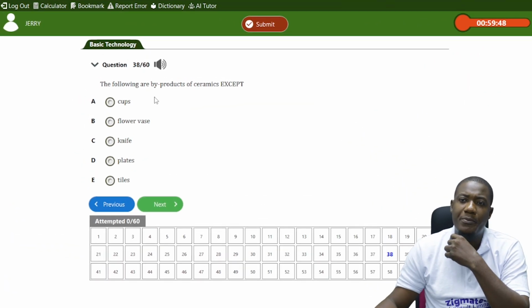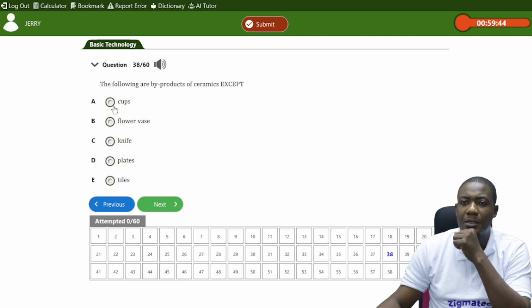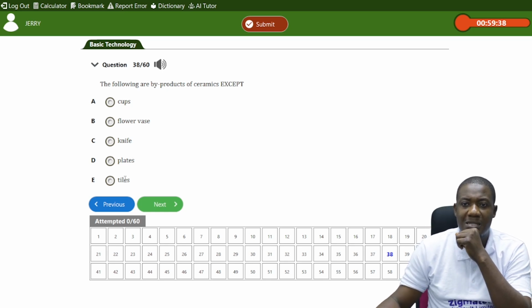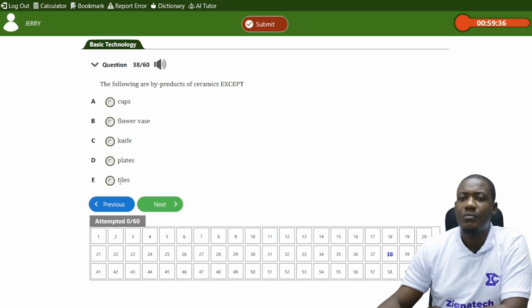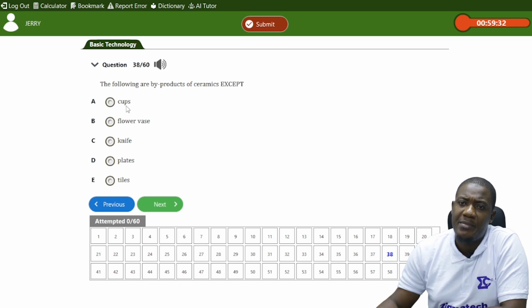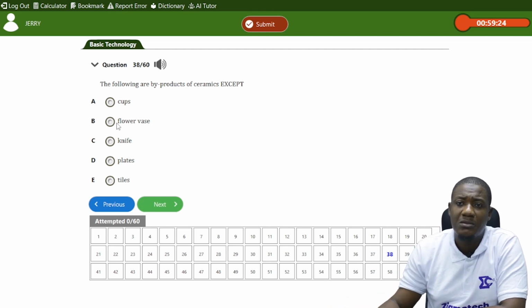The following are byproducts of ceramics, except: A, cups; flower vase; knife; plates; tiles. From the options, we have ceramic cup, we have flower vase, they are made from ceramic.